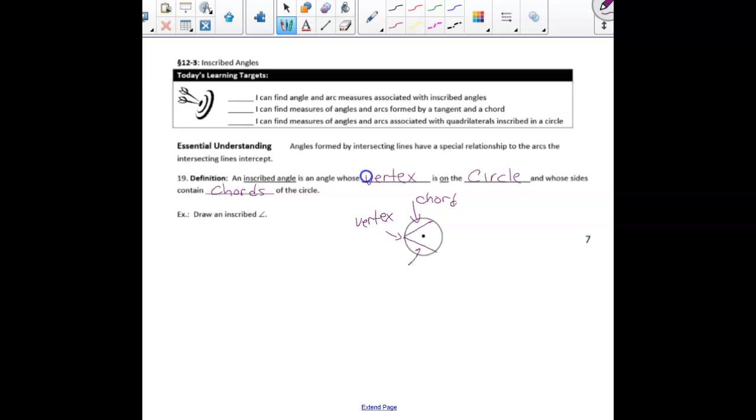This is also a chord. Okay? And this is what we call the intercepted arc. Right here. Okay? This angle right there is the inscribed angle.